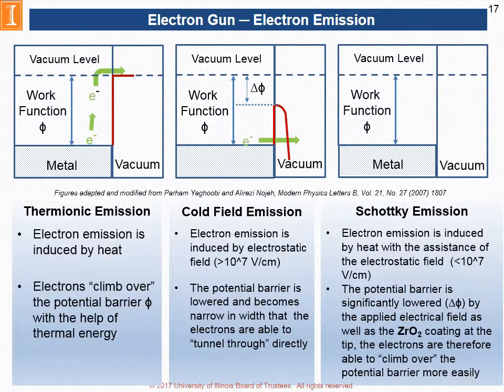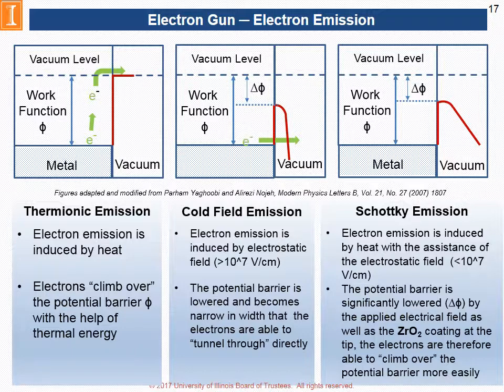The third type is Schottky emission, where electron emission is induced by heat, but also with the help of electrostatic field. The electrostatic field applied here is not as high as that in cold field emission, smaller than 10^7 volts per centimeter. But still, the potential barrier is significantly reduced as a result.